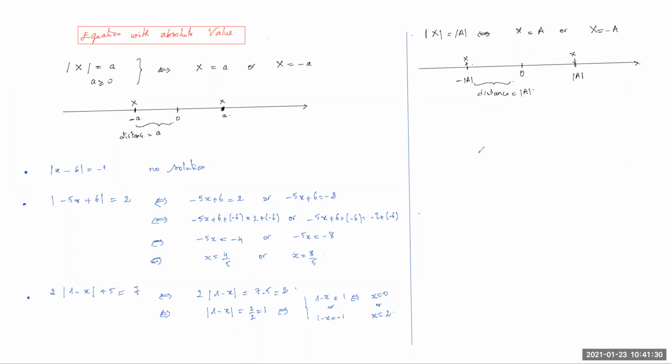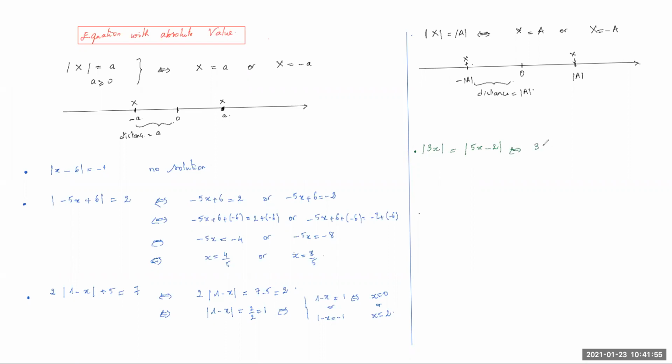Let's see an example. Suppose that I have to solve the absolute value of 3x equal to the absolute value of 5x minus 2. So here you see I have exactly this situation. This is my first quantity, capital X. This is my second quantity, capital E. So let's write things.